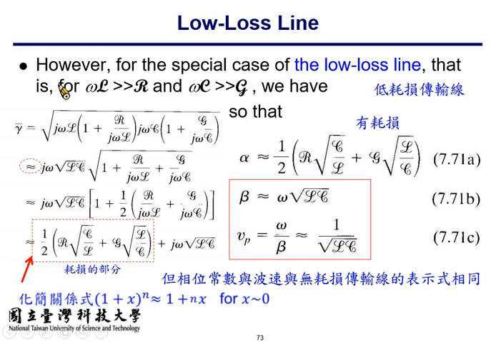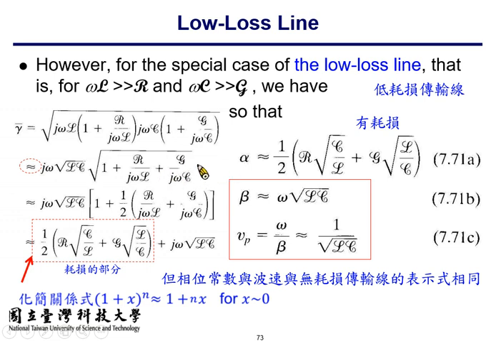But we know the fact that omega L is much greater than R and omega C is much greater than G. So R over j omega L is a small number. It's a number much smaller than 1 and maybe close to 0. And so does the second term, G over j omega C.